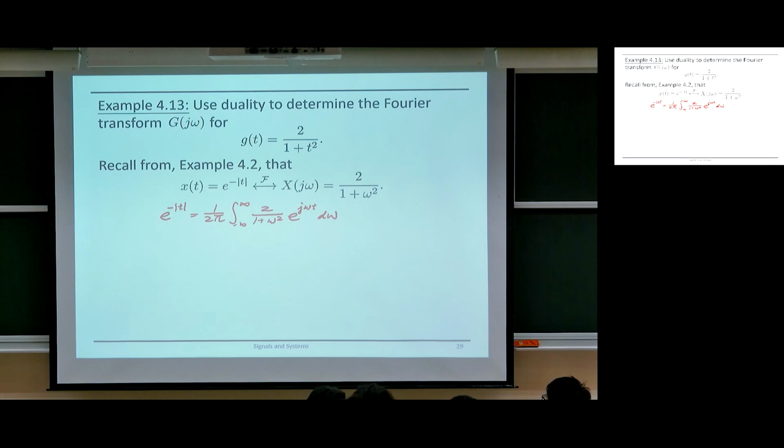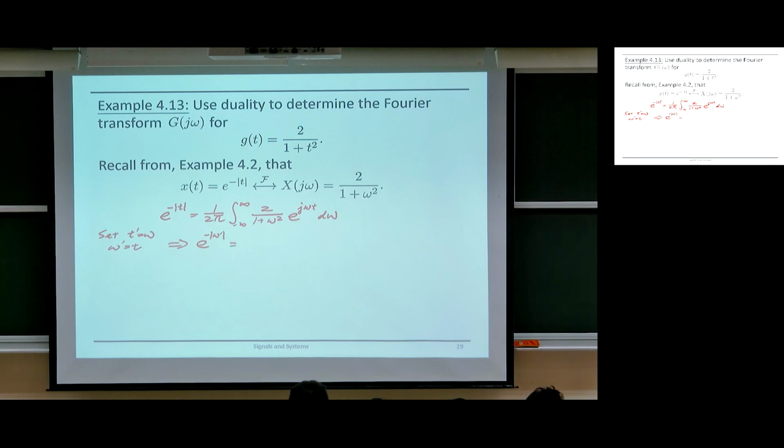Okay. Now we can do a change of variable where we set t prime equal to omega and omega prime equal to t. Okay? So if we do that, then we have on the left-hand side e to the minus |omega prime|.